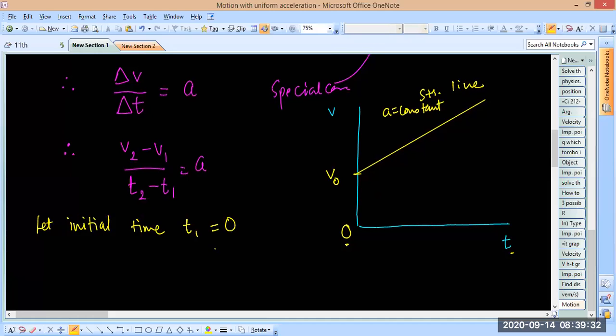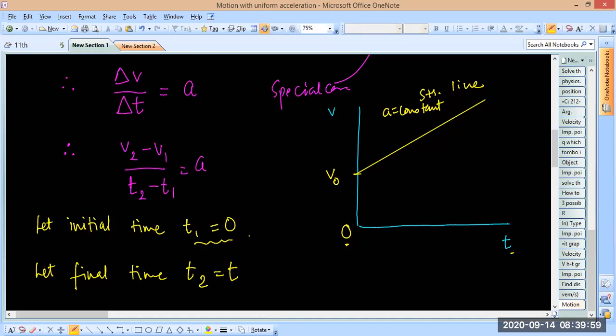You have a stopwatch in your hand and you are observing motion. Whenever you start observing, at that time you put t equal to 0. So that's t1 equal to 0. And suppose the final time t2, we call it t. What's the advantage of doing this? We are just making it very simple to write.